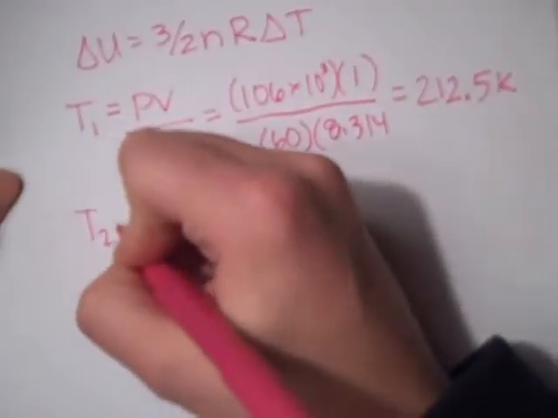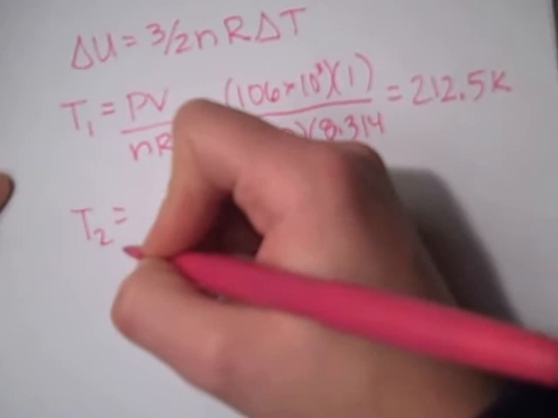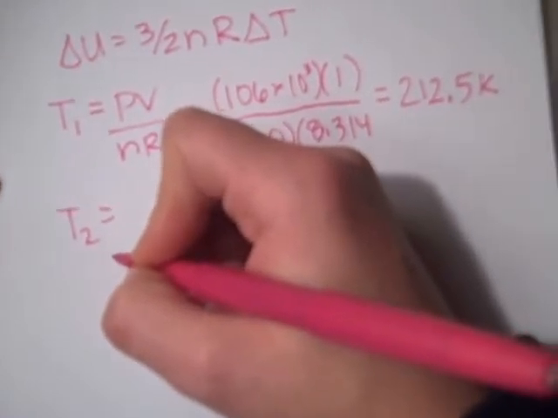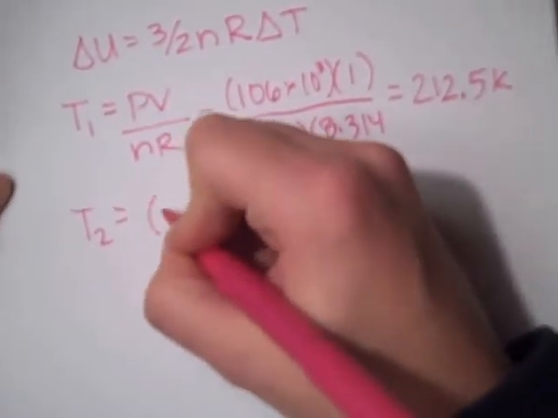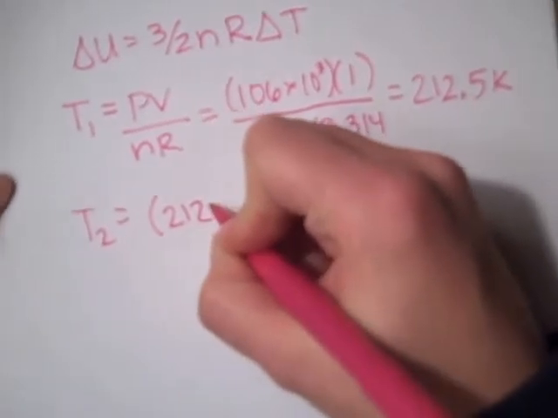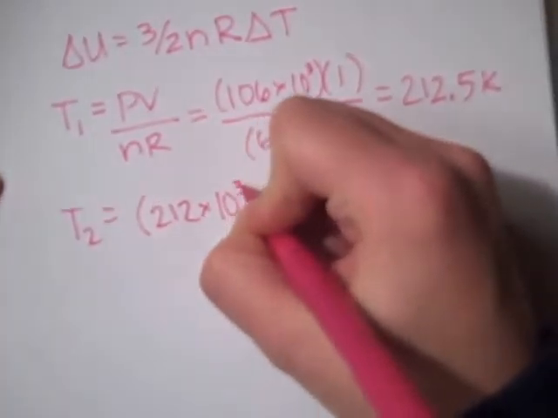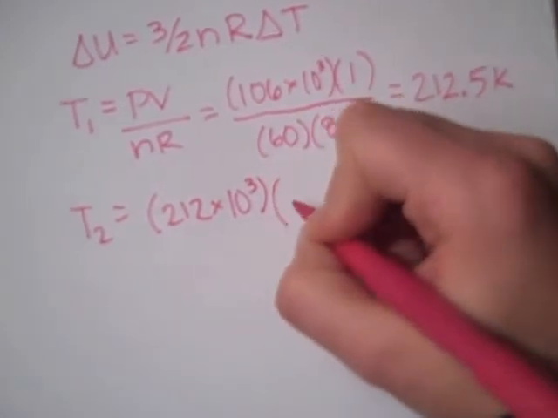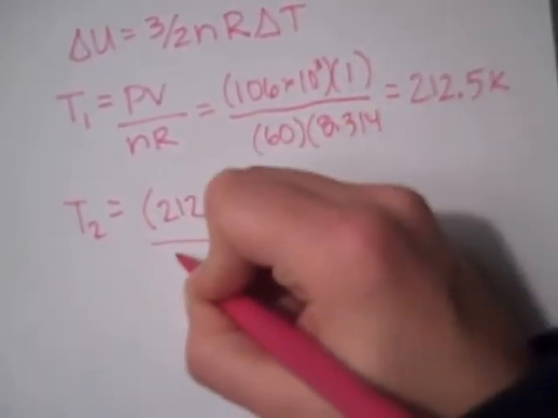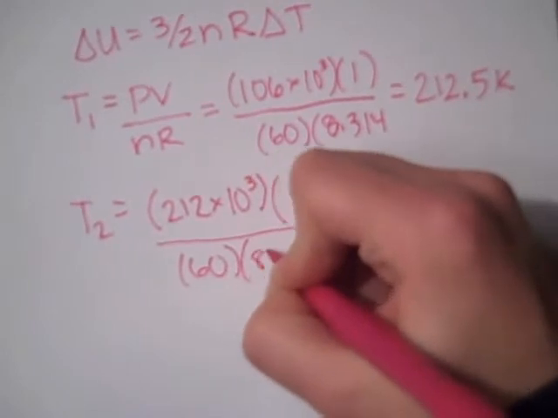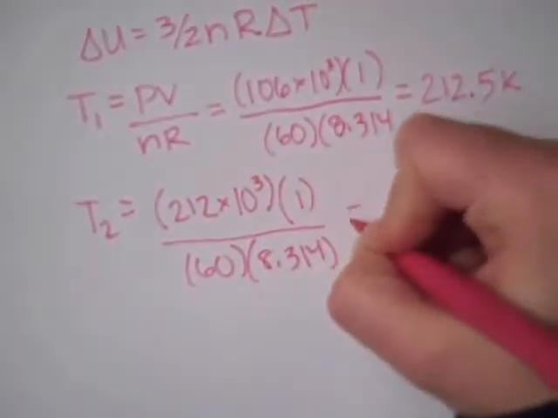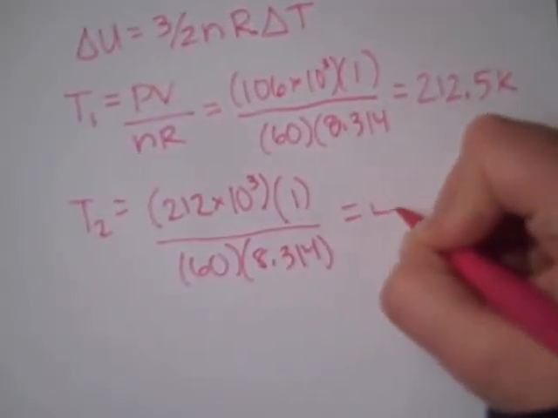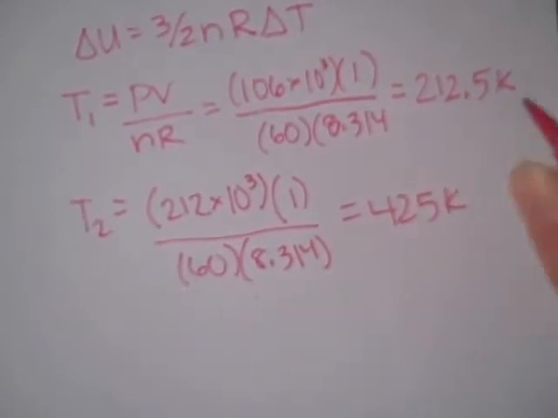Similar equation, what I'll call T2, which is at the end of process 1, is going to be the pressure, 212 times 10 to the third. Pressure is changing. The volume is remaining constant at 1, divided by 60 times 8.314. And this one gives us 425 Kelvin.